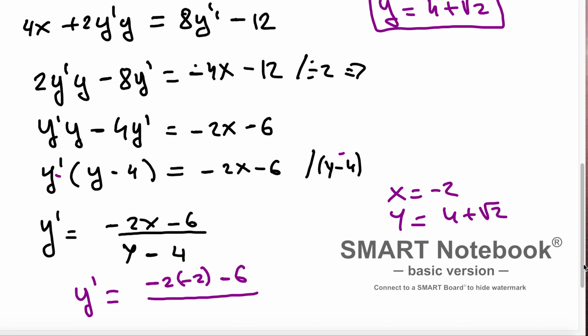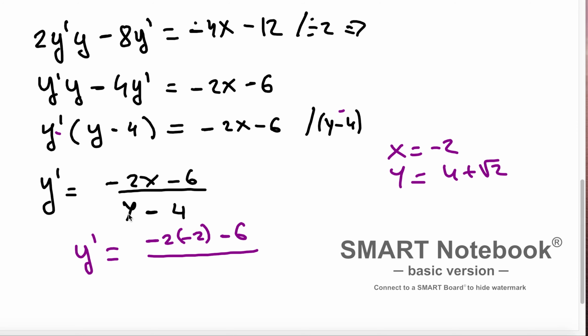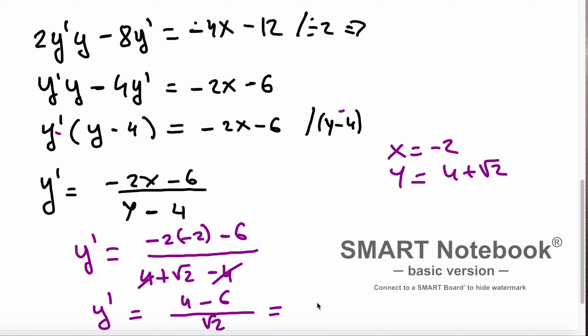Down here I have 4 plus square root of 2 minus 4. The 4 minus 4 goes away, and the slope is equal to 4 minus 6, which is minus 2, over square root of 2, so minus 2 over square root of 2.